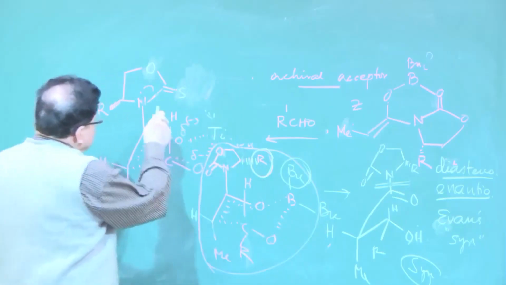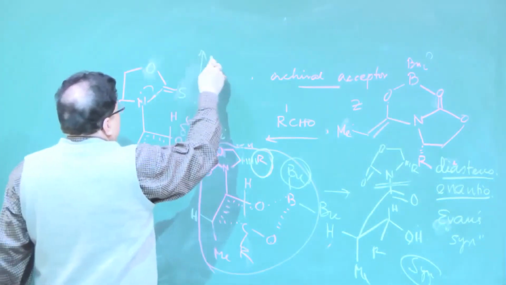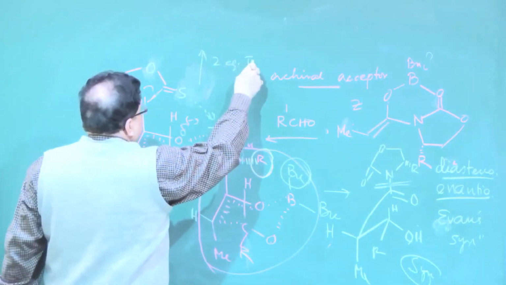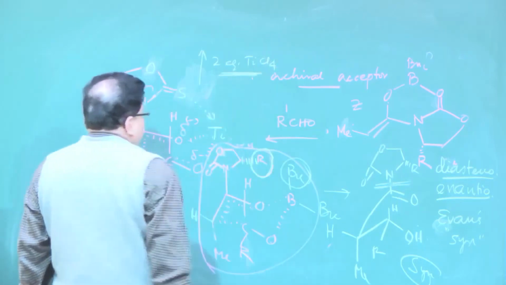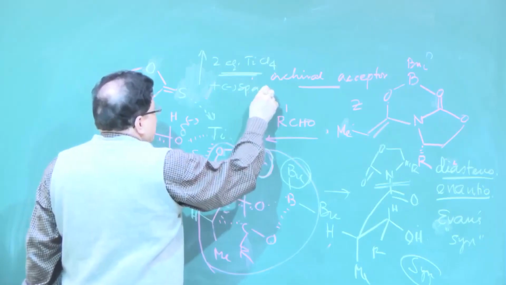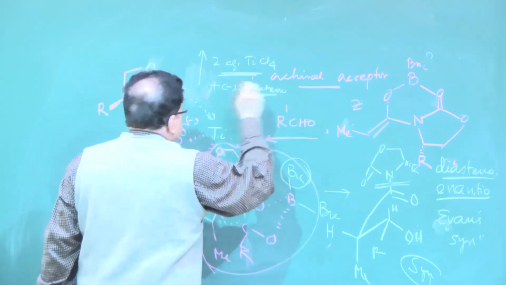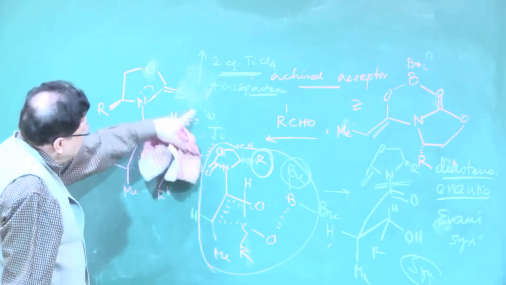See, the problem is, if you have this complexation formed, first of all, this forms when two equivalents of titanium chloride are used, and some base which is spartine, a natural product. So, what happens? This adopts now this type of complexation.